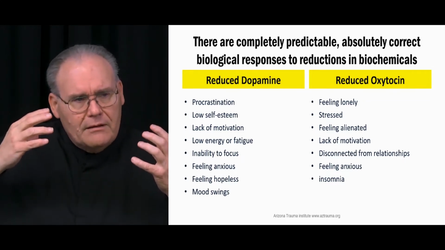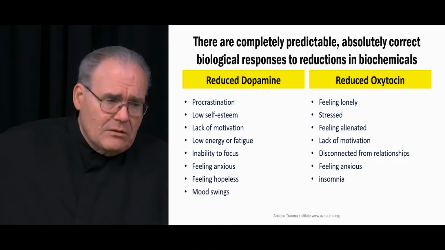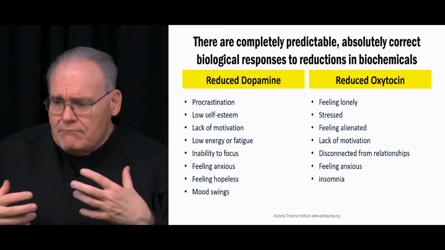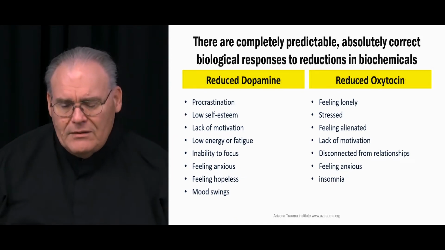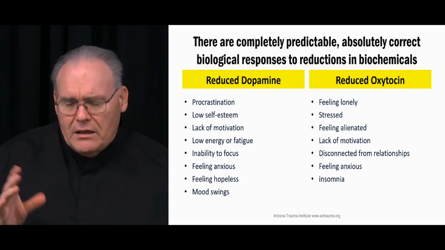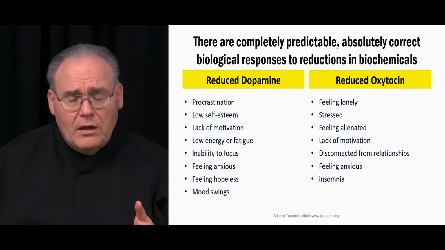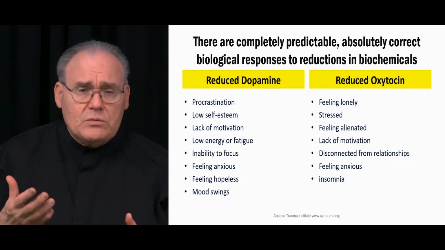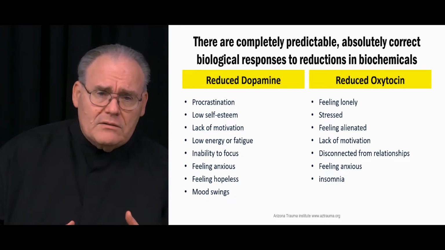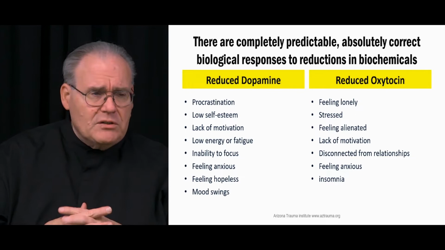You're going to have feelings of anxiousness and hopelessness, and a lot of mood swings. Depending on the degree of reduced dopamine, there will be a more severe effect on how big those swings are. And so those are tied to reduction in dopamine.